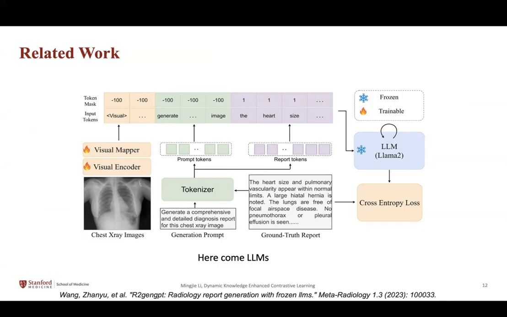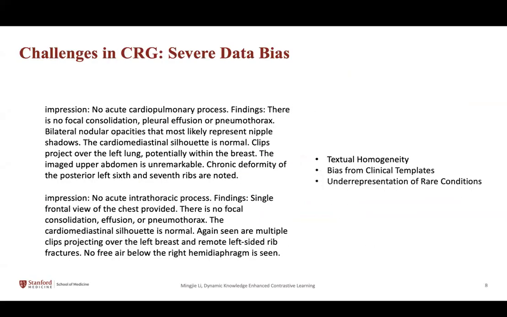Thanks for your question. It's a very good question, because in medical reports we found that there are lots of sentences used to describe the normal findings. We thought the sentences describing abnormal findings are very important.